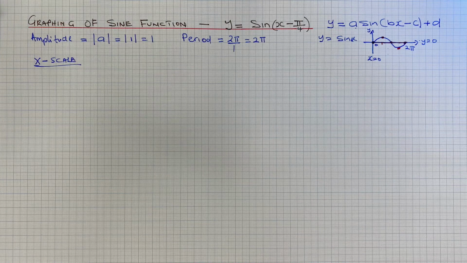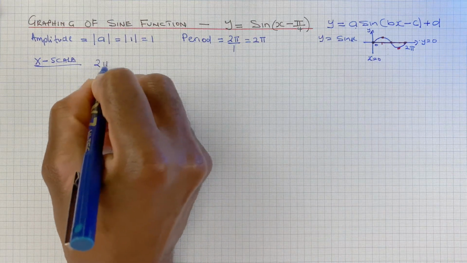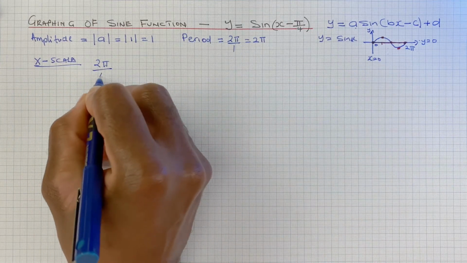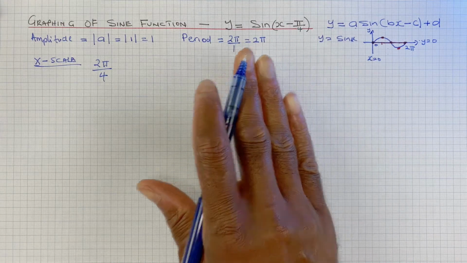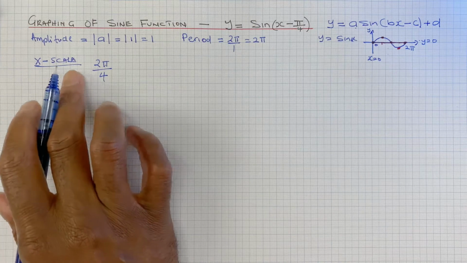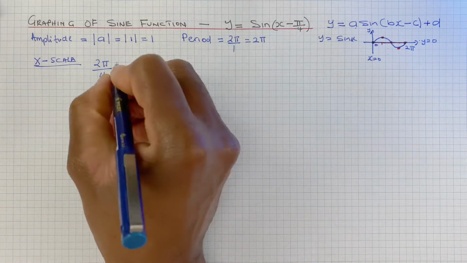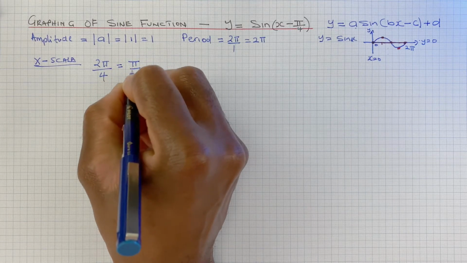Every time you work on a sine or cosine function, you always divide 2 pi by 4 for the x scale. In this case, it's pi over 2.